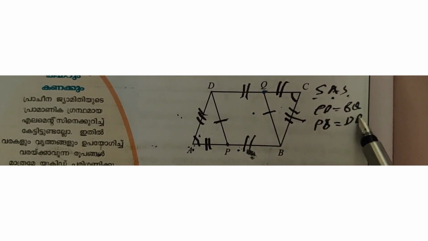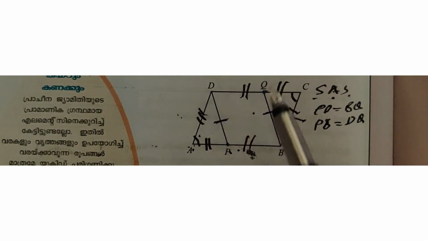Therefore, the inner quadrilateral PBQD, that is PB is equal to DQ, is given.